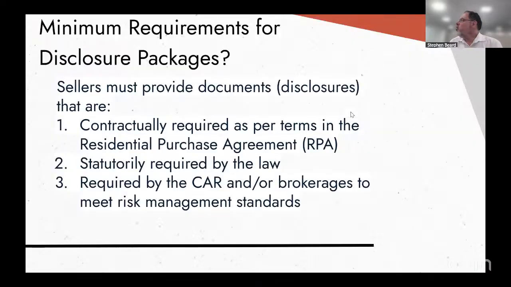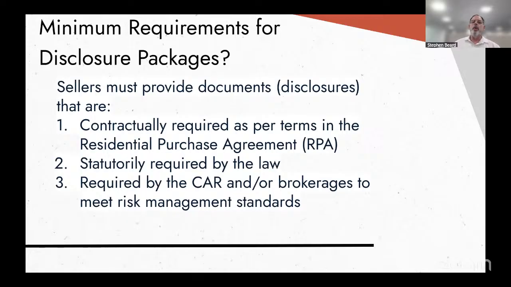So what is required? Sellers have an obligation to provide documents that are, number one, contractually required. The contract, the residential purchase agreement, says that you have to include these documents. If you've taken the residential purchase agreement class, you may remember.